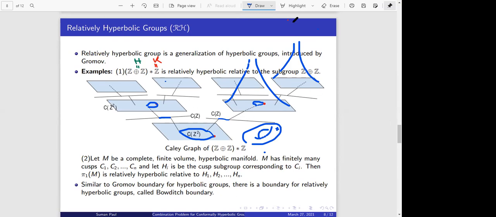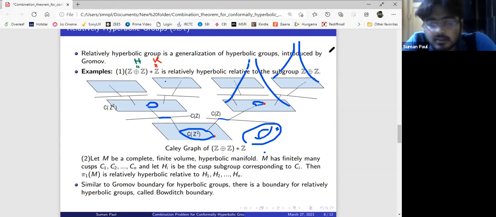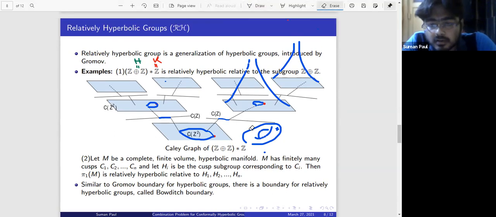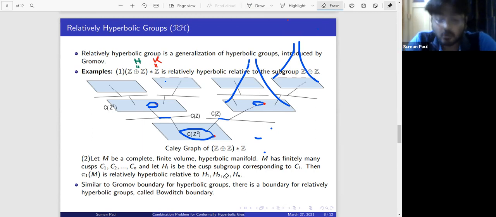As we have seen, the newly constructed space is a hyperbolic metric space, right? So we can define the Gromov boundary for that, and the boundary of the augmented space, the newly constructed space which is hyperbolic, is called the Bowditch boundary of this relatively hyperbolic group.